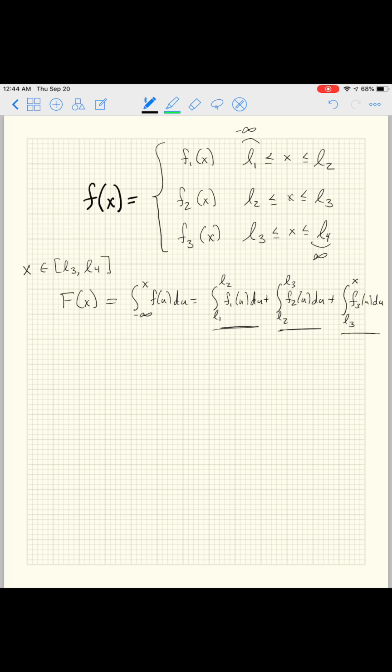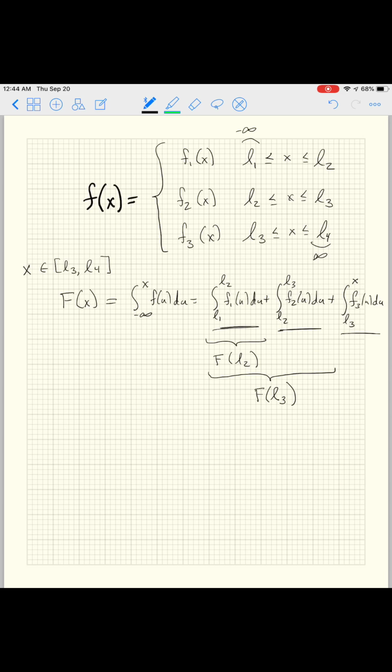Now, what I'm hoping you'll see by now is that this small part here is actually just big F of L2, and this slightly bigger part right here is actually big F of L3.